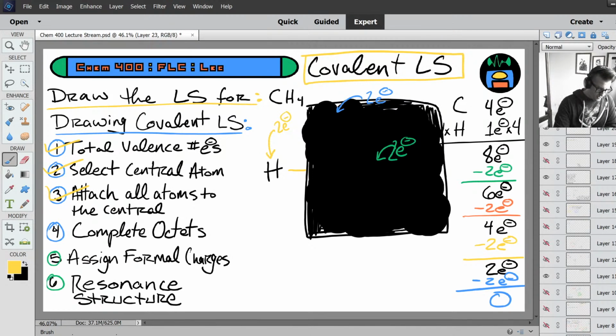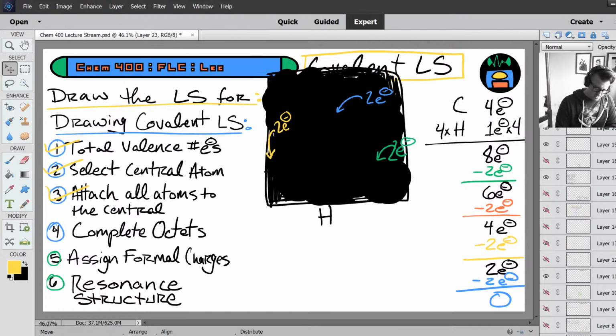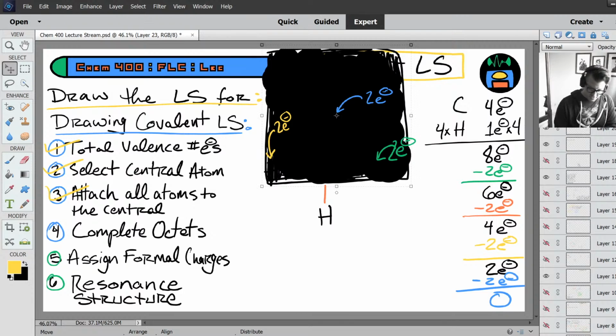What about our 4th hydrogen? This 4th hydrogen down here has access to the 2 electrons in its bond, so its octet rule is satisfied.